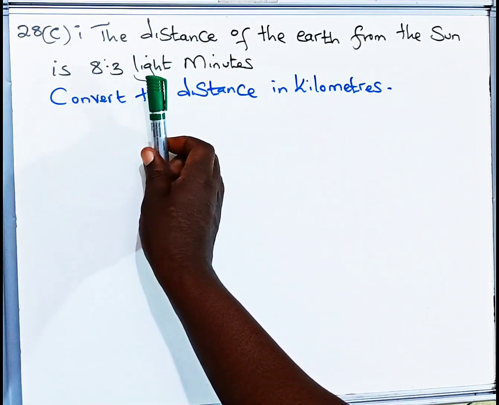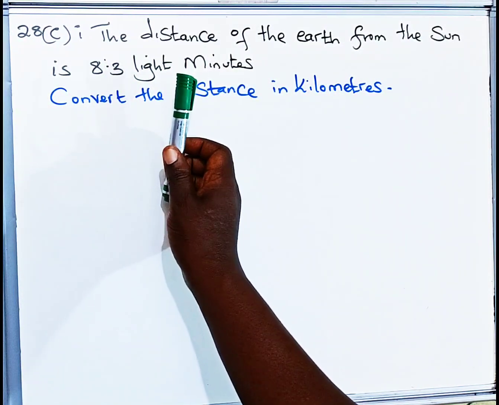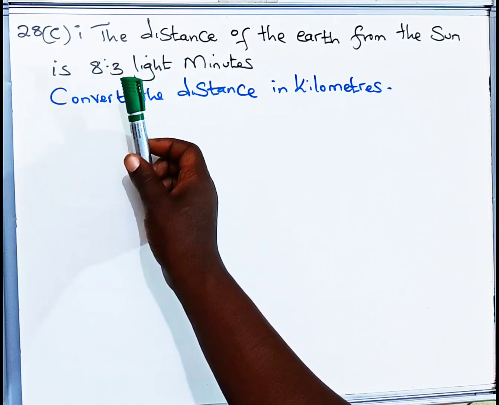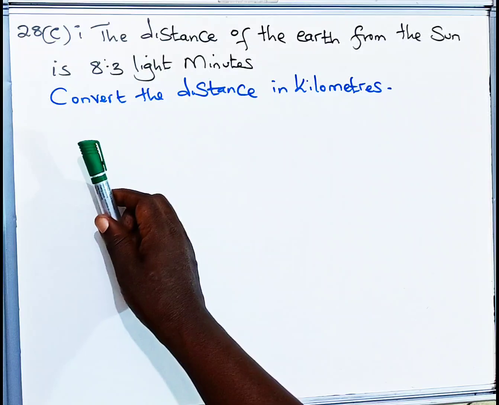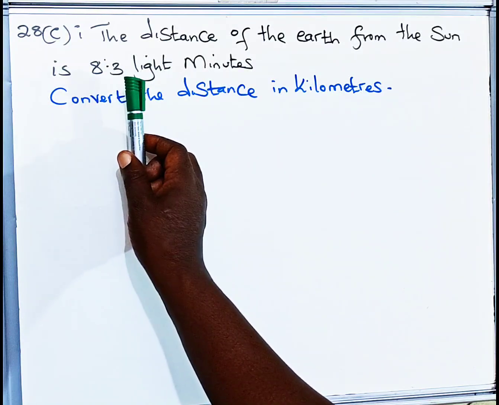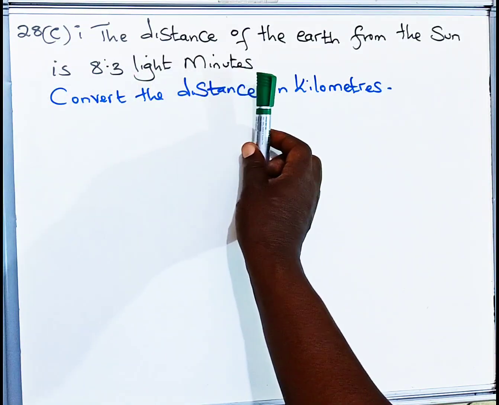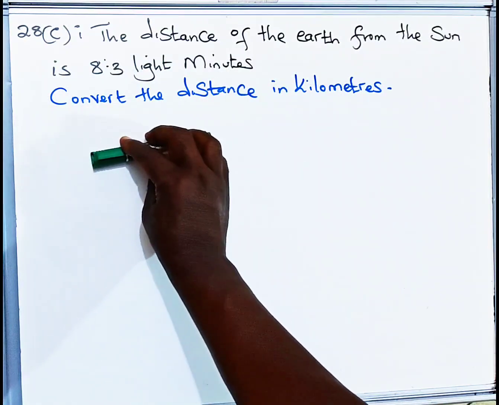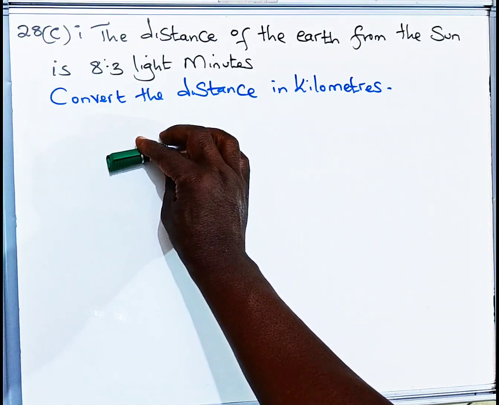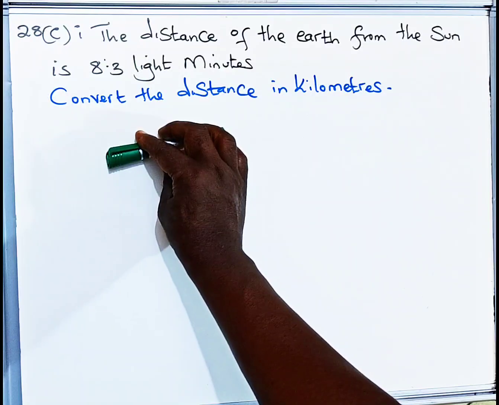Then we come to this case. It says that the distance of the Earth from the Sun is 8.3 light minutes. And then the question says, convert the distance to kilometers.